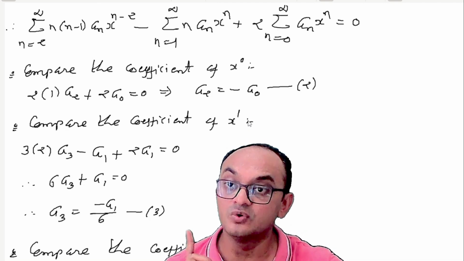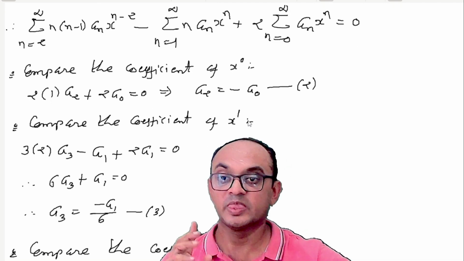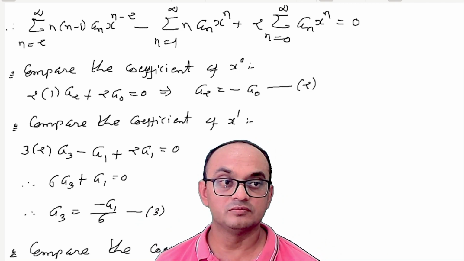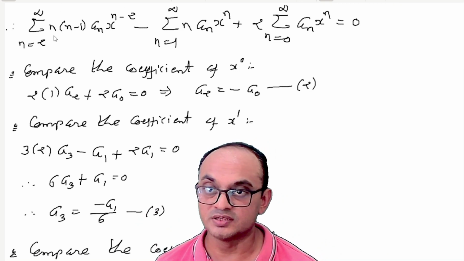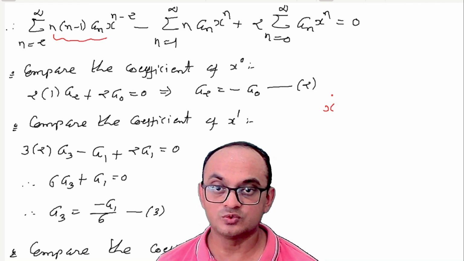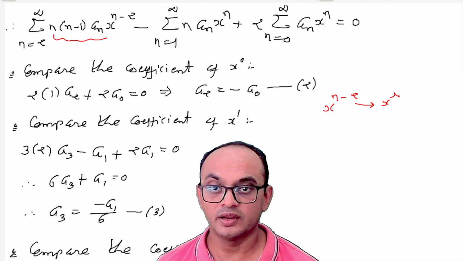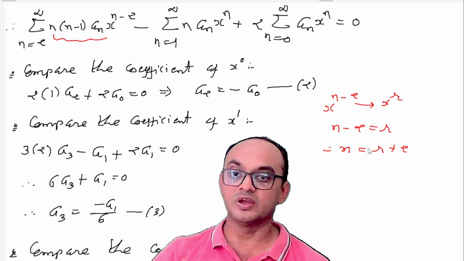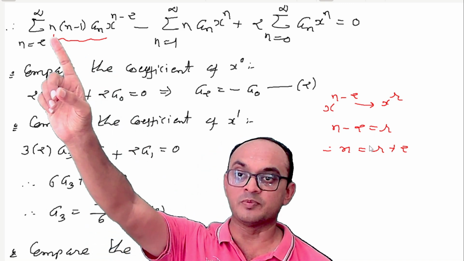Now see, for x raised to r, how do you proceed? Go term by term. Let me explain the first term. I need x raised to r, and I have x raised to n minus 2, so n minus 2 should be equal to r. And therefore n is equal to r plus 2. In place of n, I substitute r plus 2 everywhere.